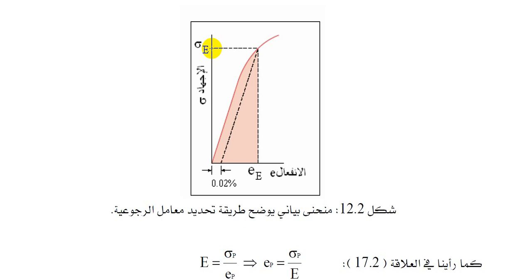This point indicates the proof load, where the oblique line, generated from the 0.2% point, intersects with the stress-strain curve at a certain point lying on the same curve.